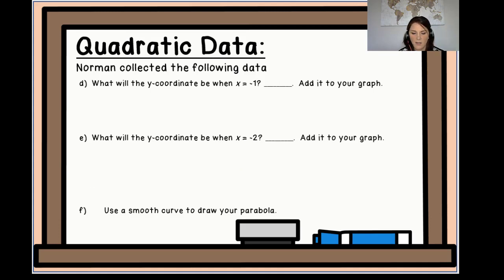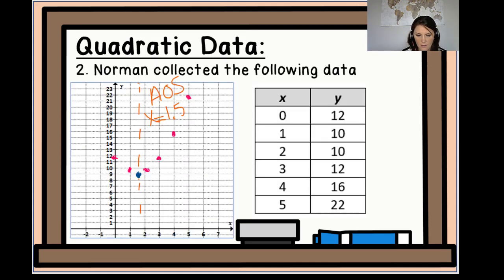Okay, the next part, part D, what will the y coordinate be when x is equal to -1? And then we're going to add that to our graph. So let me just go back to our graph. So when x is -1, we're basically going to look for what's called a symmetrical point. So -1 looks like it's going to be in line with the one that's at the 4.